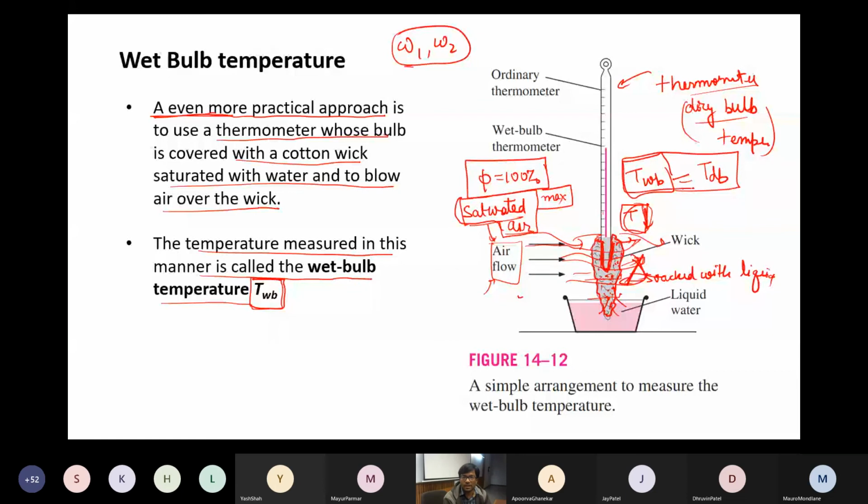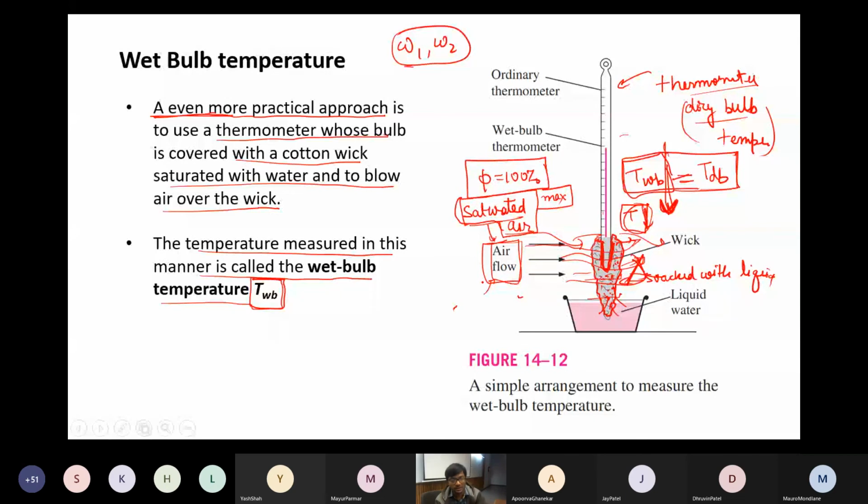The lower the wet bulb temperature, the lesser water vapor your air contains, so you will know that the air is not that saturated, or it is totally unsaturated.